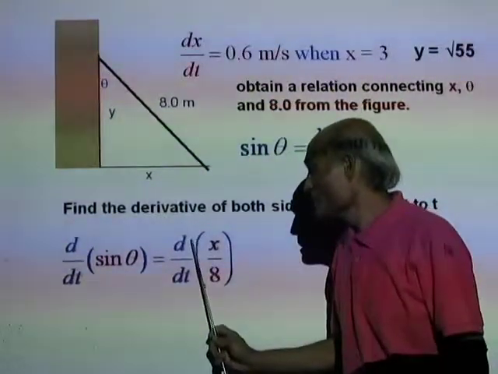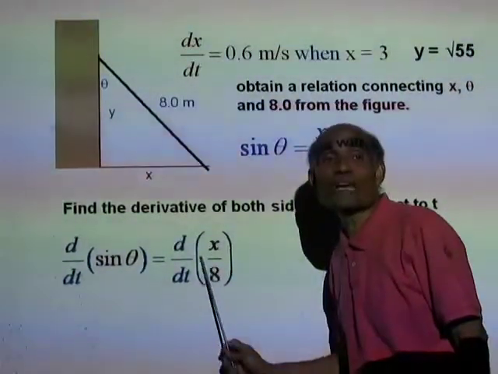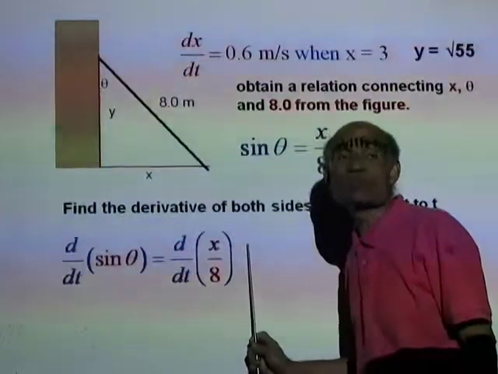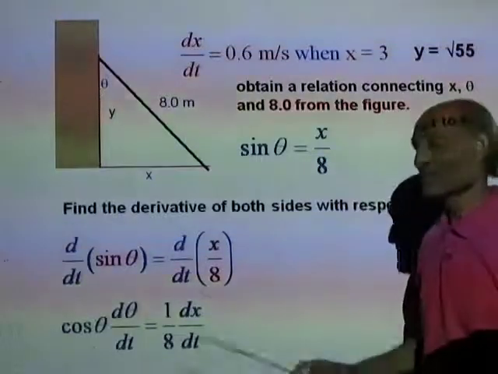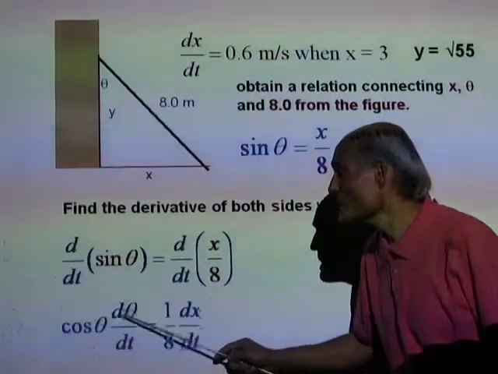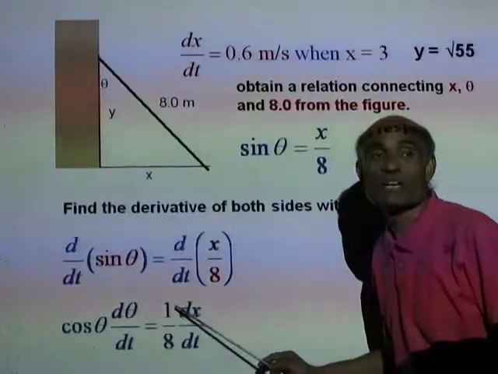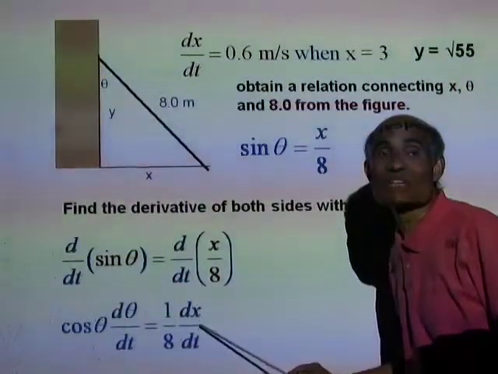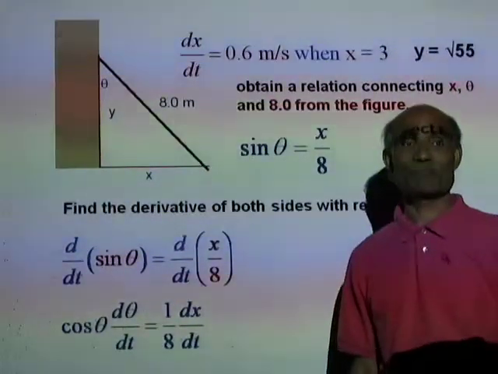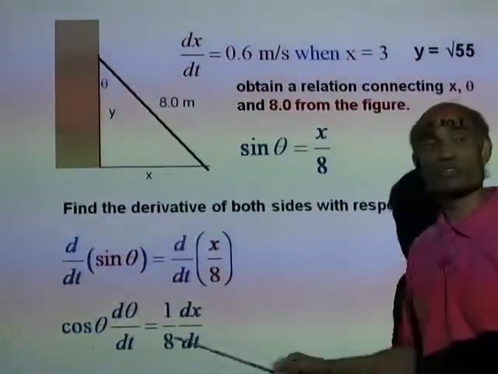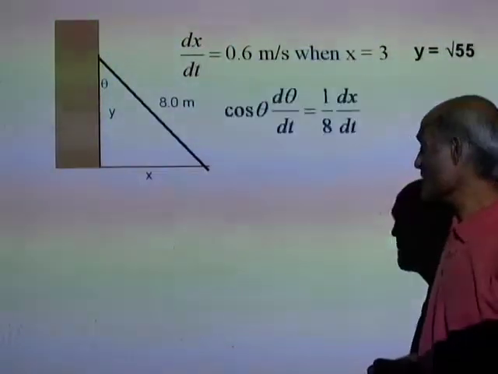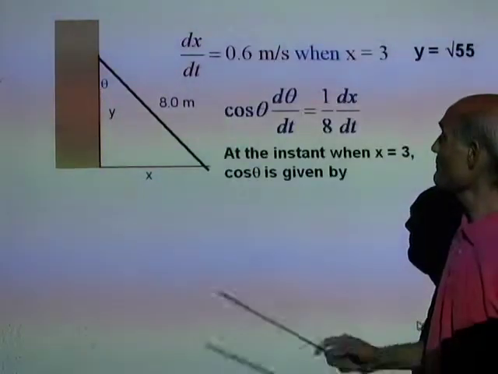And so the derivative of x over 8 with respect to t is 1 over 8 times dx by dt. So cos theta d theta by dt is 1 over 8 dx by dt. Well, we need to find d theta by dt, so solve for d theta by dt from there.